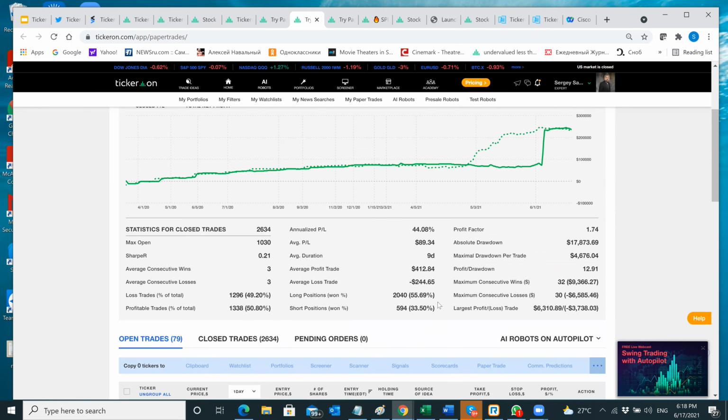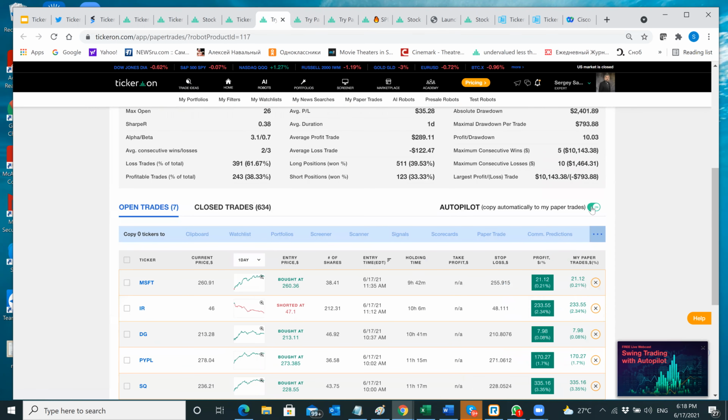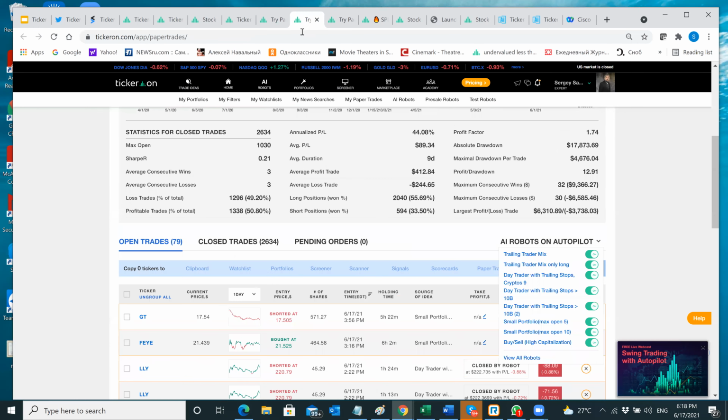This is the trades. And then you see, I have also this button, AI robots and Autopilot. What it means, if I look at this, you see it's green. What it means is I'm subscribing to this robot, and this robot is pretty much copying these trades to my paper trades, okay?